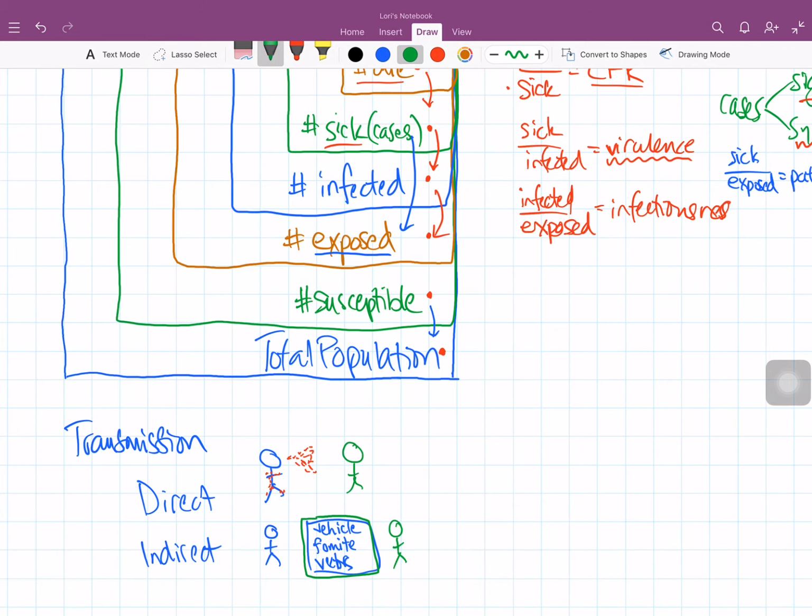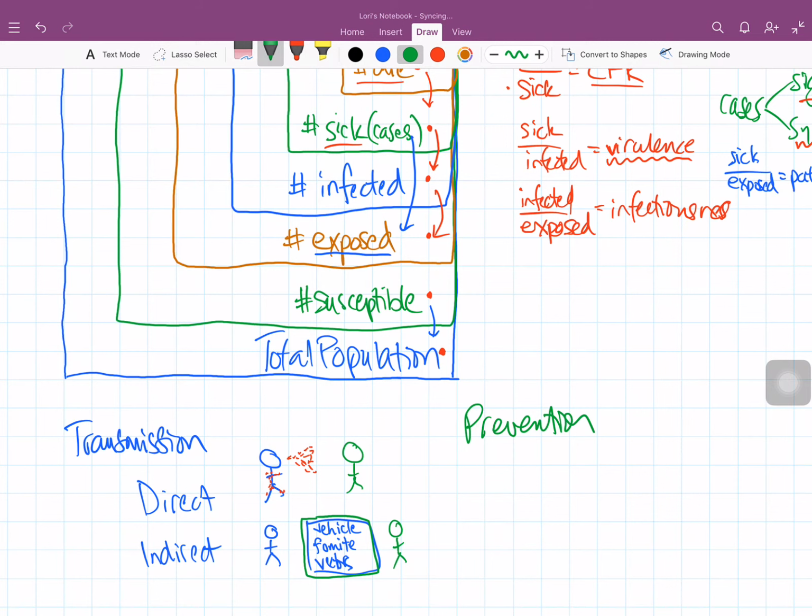Now, once we can appreciate all of those different ways of getting infection from one person to the next, we can think about ways to not transmit. So, prevention of transmission.